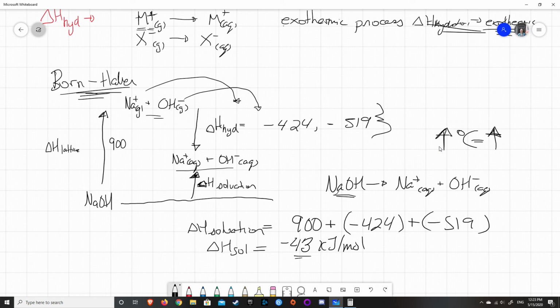So we can see this in class maybe, when we get back to school. We'll see that for sodium hydroxide, the solution gets very, very hot after a time. And that's because it's releasing energy into solution.